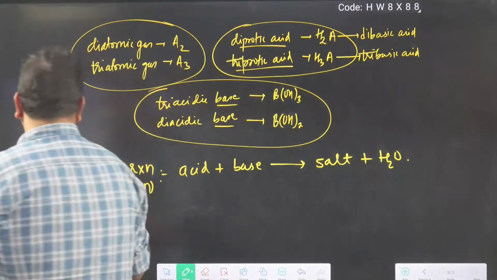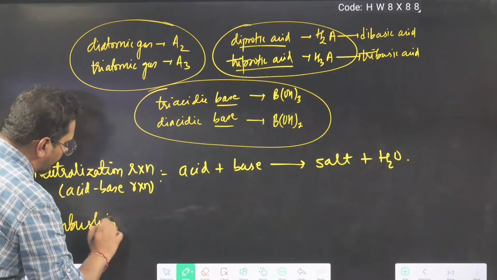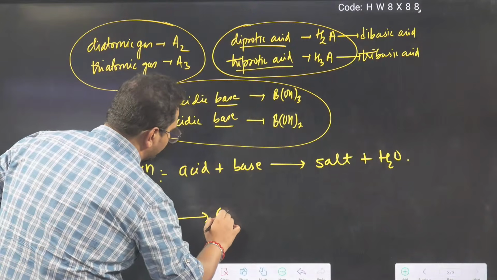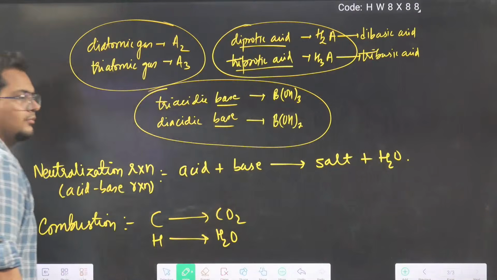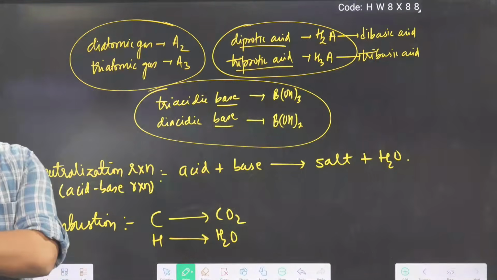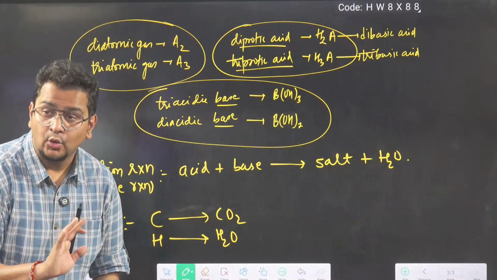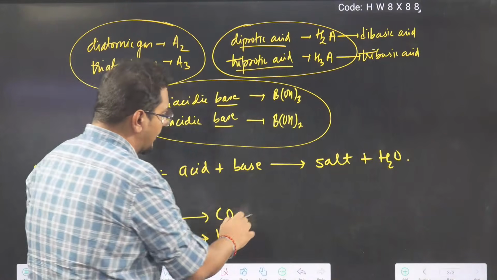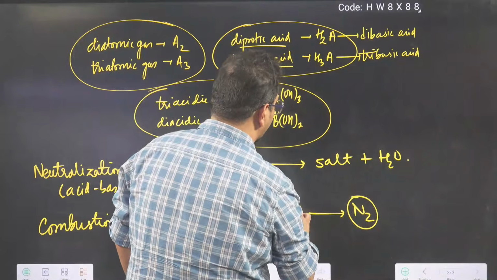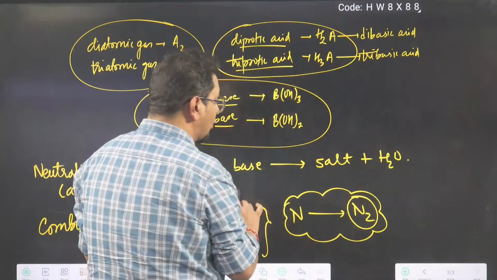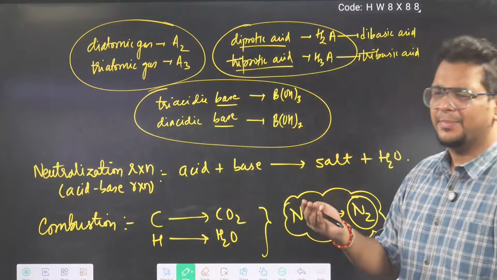Properly remember this. And for the combustion reaction, carbon becomes CO2. Hydrogen becomes water. Carbon becomes CO2, hydrogen becomes water. Done, bhaiya? Sir, what about nitrogen? In the case of nitrogen, I prefer to say it remains N2. It does not become any oxide because the oxides of nitrogen are not that stable at high temperature.